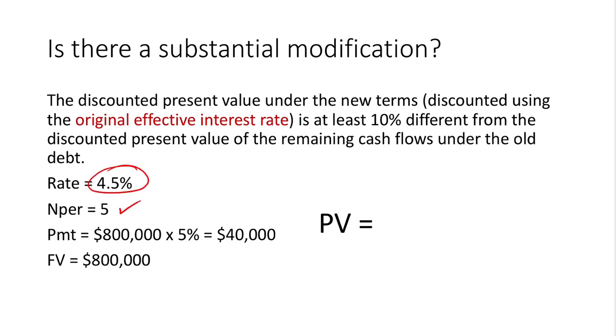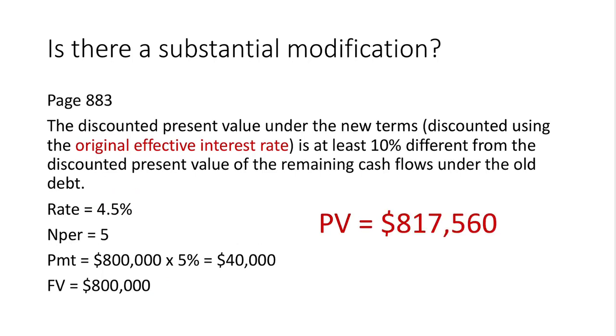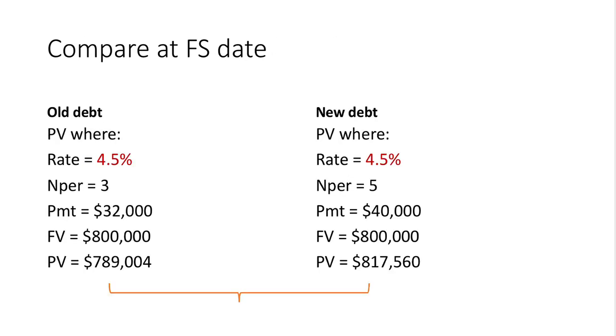The new cash flow is 5 years. The new interest payment is $40,000. The future value is still the $800,000, and the present value is $817,560.